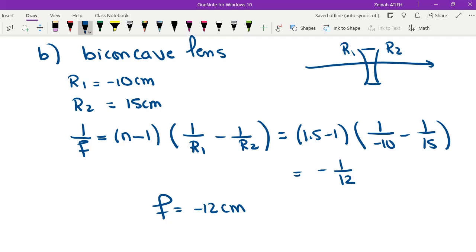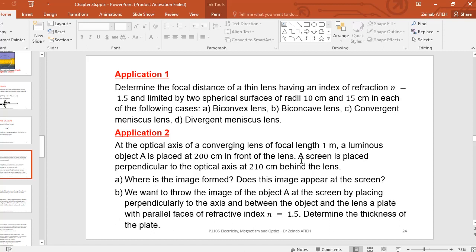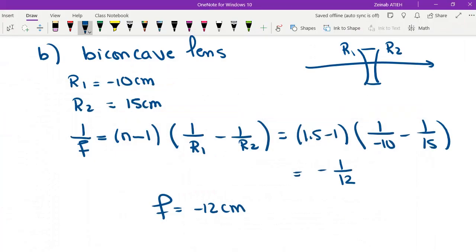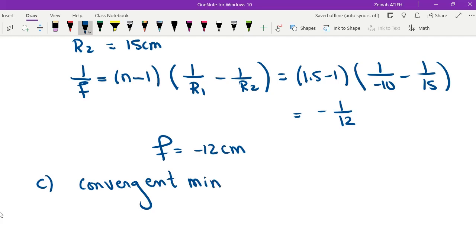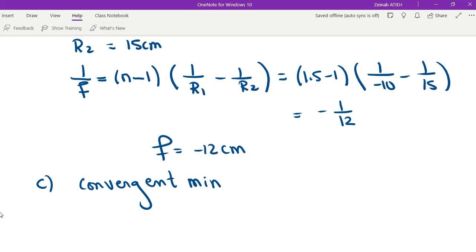Now let's do part C. In part C, he said that we have a convergent meniscus. So for a convergent meniscus, f must be positive in this case. Let me draw it. So this is C, convergent meniscus.